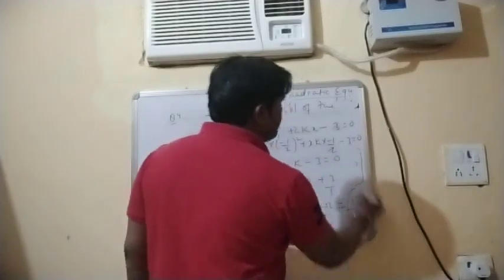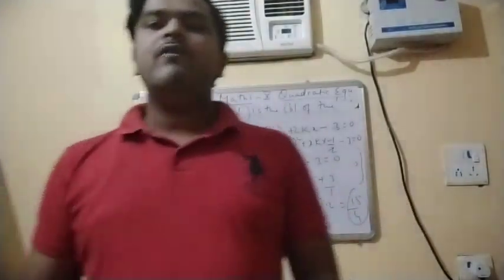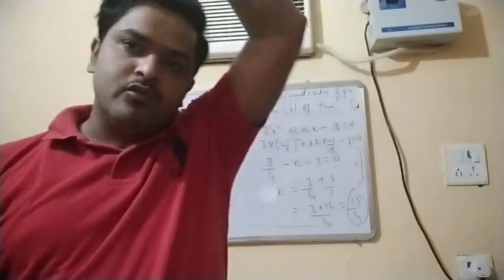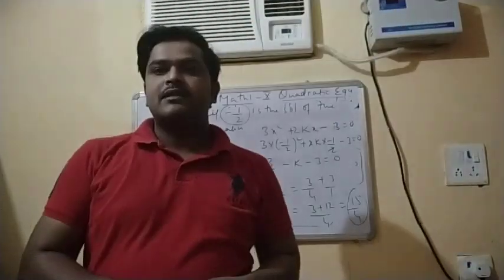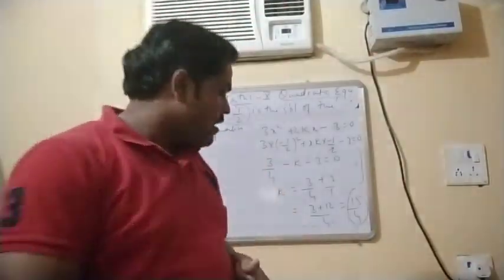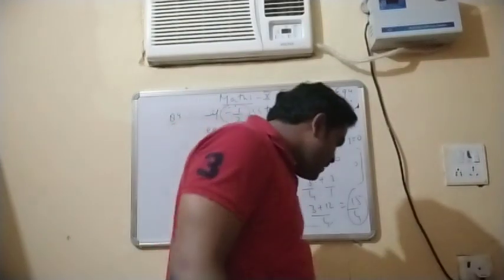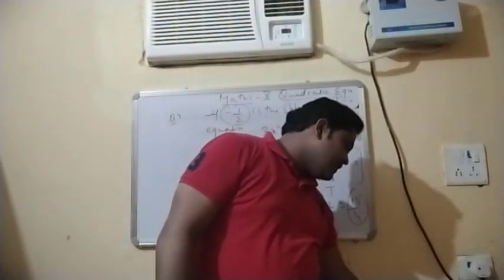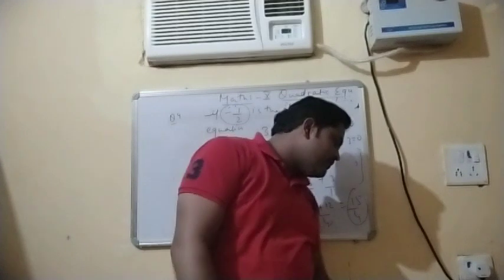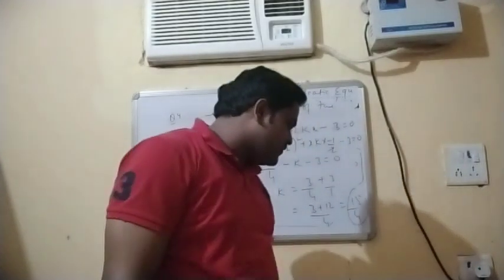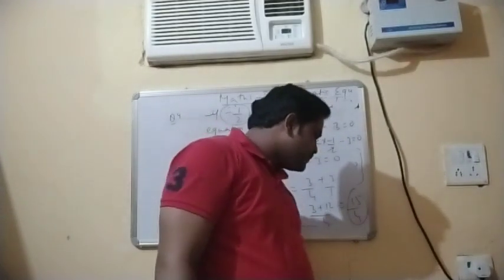This will be the value of k. So if an unknown value you have to find out, then what you have to do? You just have to substitute the value in place of x. The other part is also the same. You just have to put the value 2 by 3 in place of x in the equation. So you can do it.